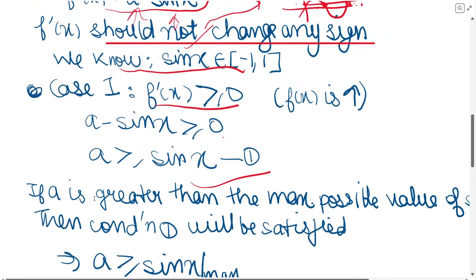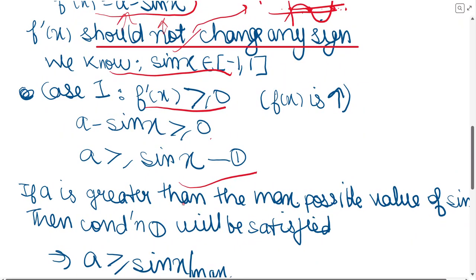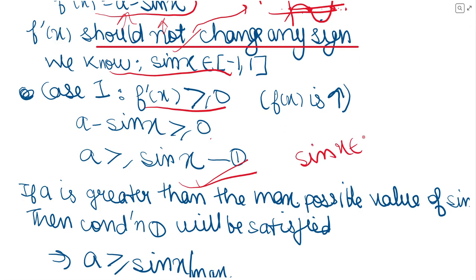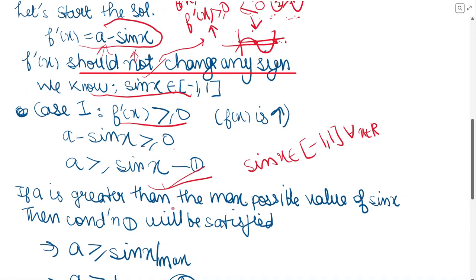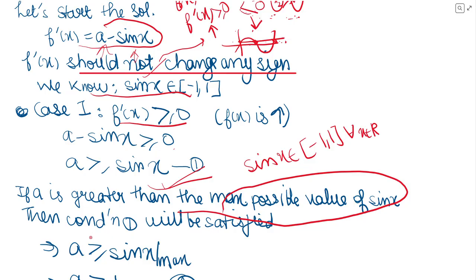Because sin x belongs to minus 1 to 1 for all values of x belonging to R, if a is greater than or equal to the maximum possible value of sin x, then condition 1 will be satisfied.